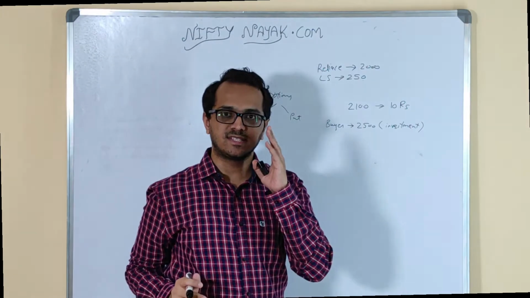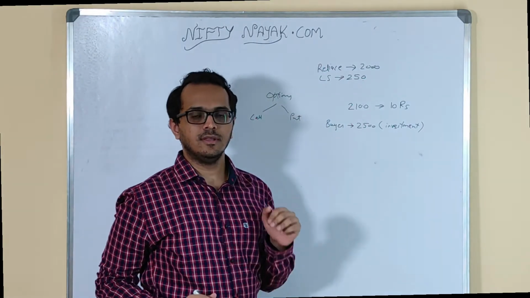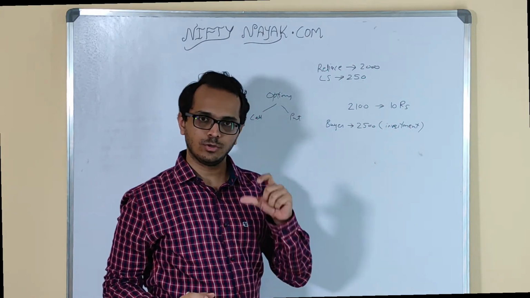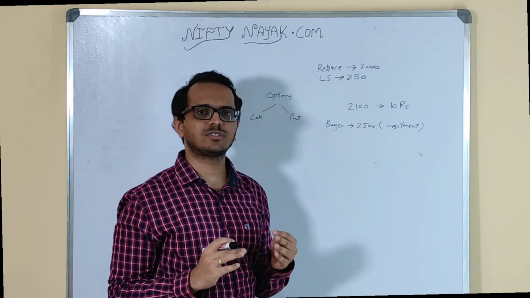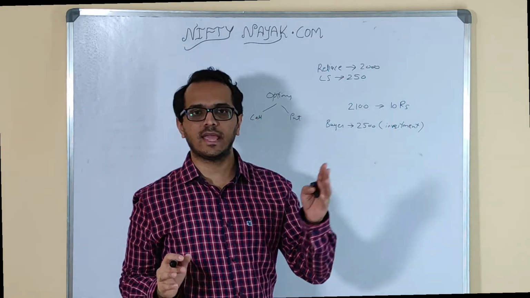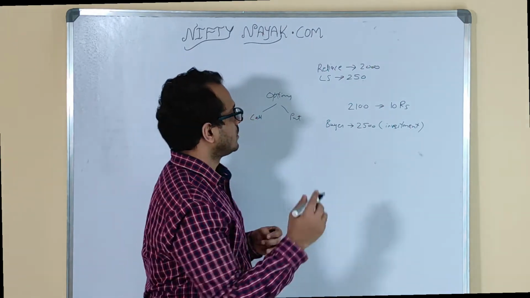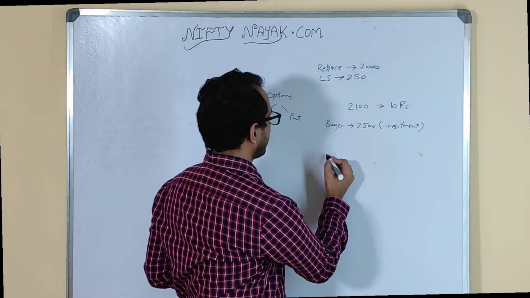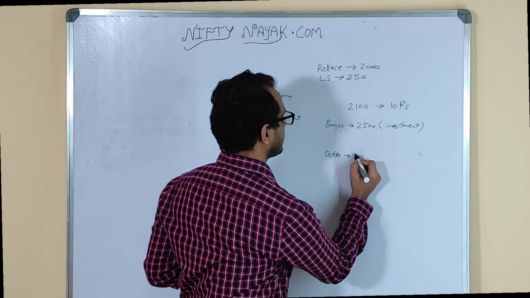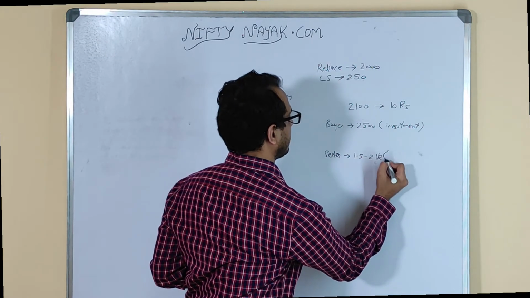Whereas if you are a seller of 2100 call of Reliance, then you will have to pay a margin money to the exchange, which will be approximately 1 to 2 lakh rupees. Okay. You can use the margin calculators of various brokers and you will come to know what is the margin. So now as a seller, the investment is 1.5 to 2 lakh investment.